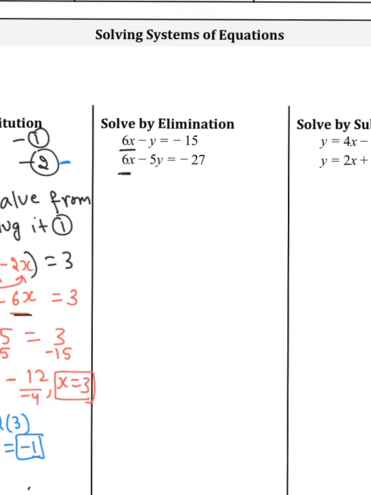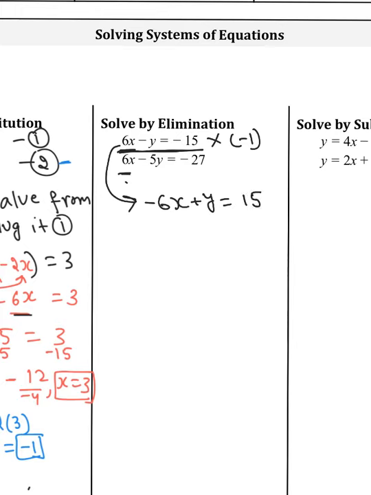But if they have a different sign, so if you multiply this one by negative 1, you get an equation with a different sign than the second. So this will become negative 6x when you multiply by negative 1. Negative 1 times negative y would be positive y, and then negative 15 times negative 1 would be positive 15.